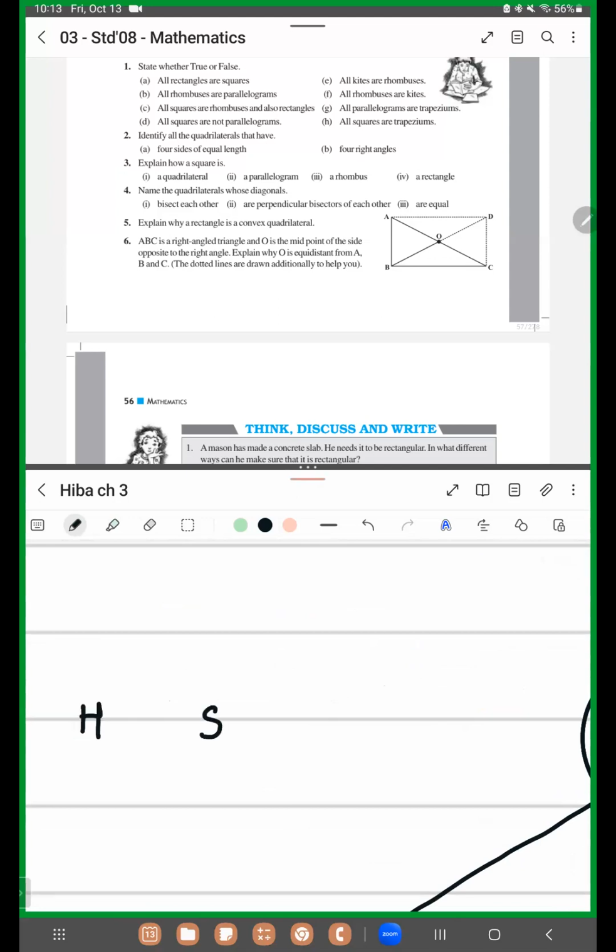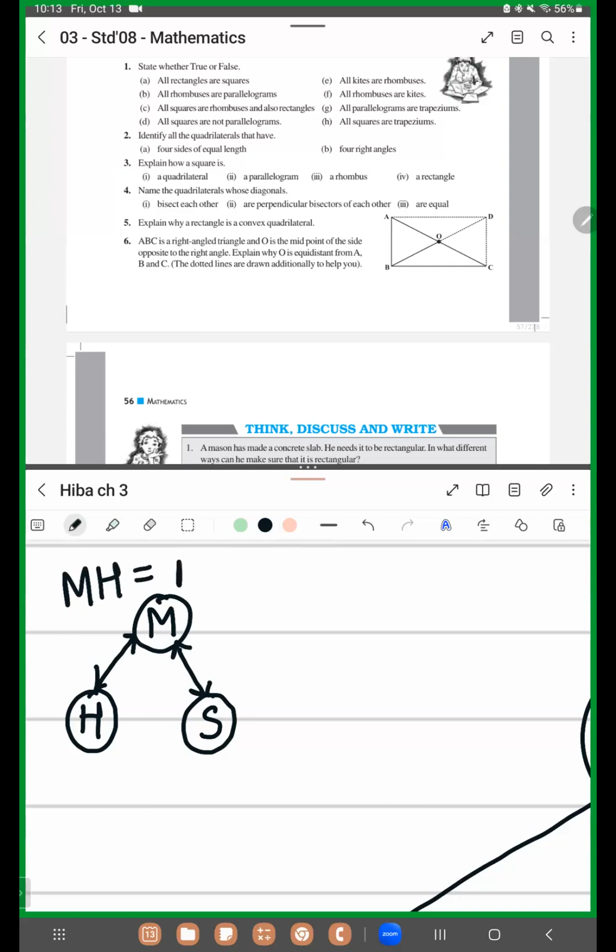And this is, let's say, the mall. If I say that the mall is equidistant from your home and school, that means the distance between your home and the mall is the same as the distance between the school and the mall. So the distance MH is equal to the distance MS. This is what it means.